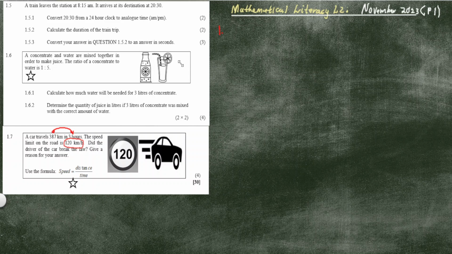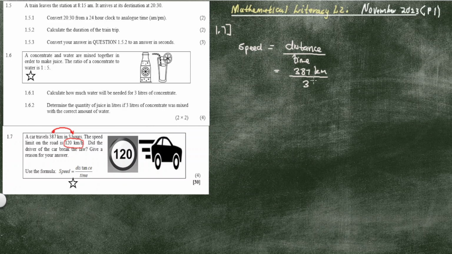So for 1.7, we need to calculate the speed, which is equal to distance over time. What is the distance traveled? It's 387 kilometers over time.